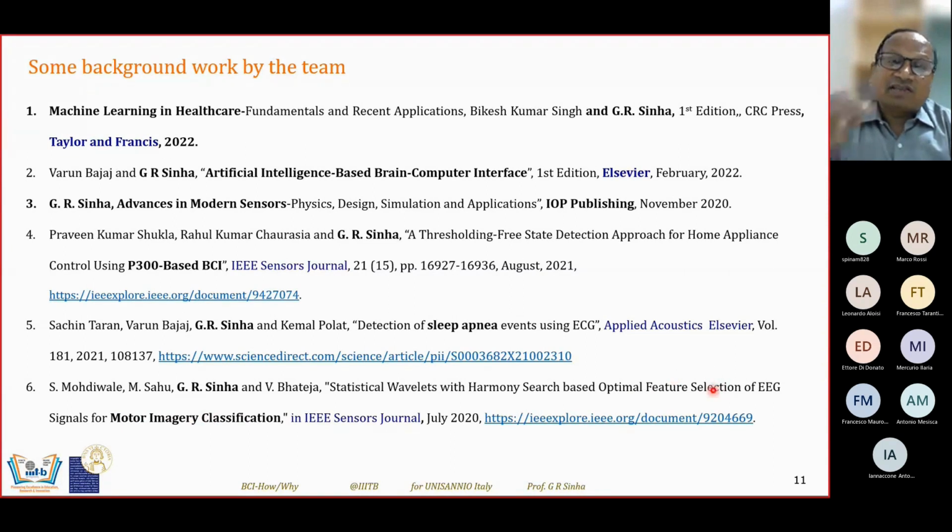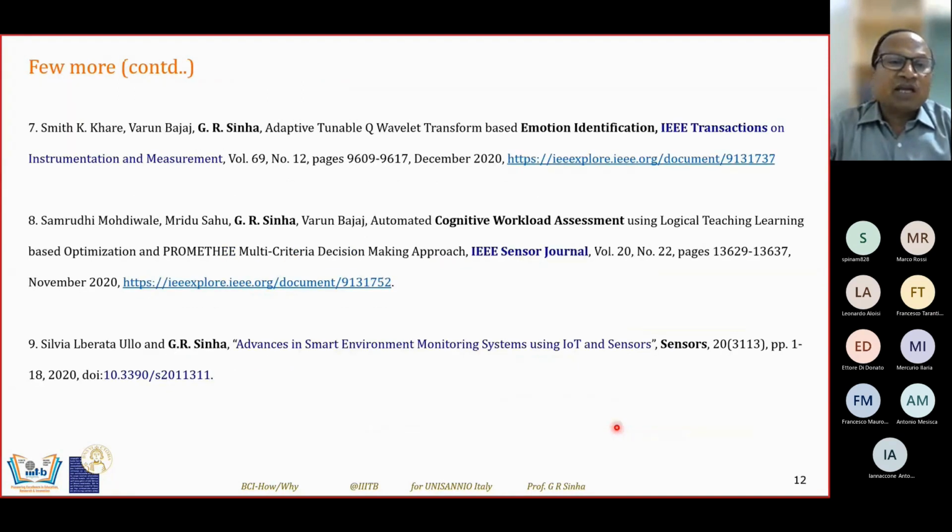I was telling you that when we talk about features, you need to select optimal ones. A harmony search based method was used to select the optimal number of features, and statistical wavelets were used to optimize and extract the features. These works are available. I have already given the link. If you're interested, you can open and read the papers.